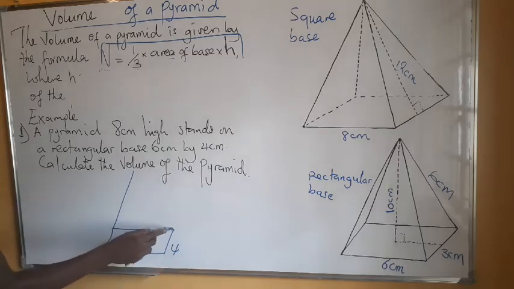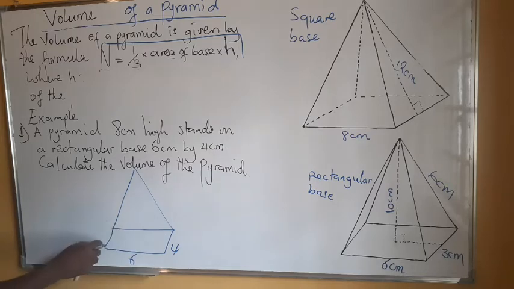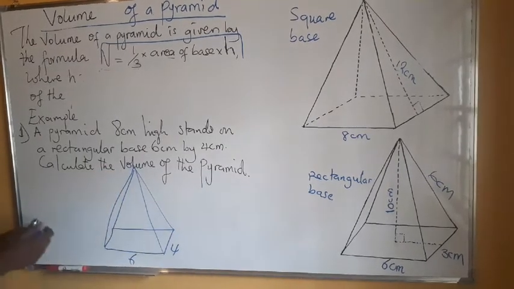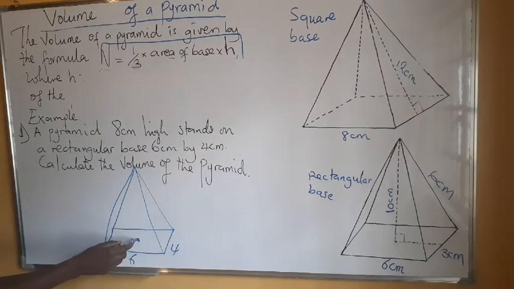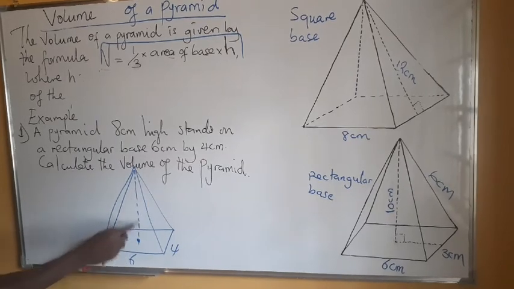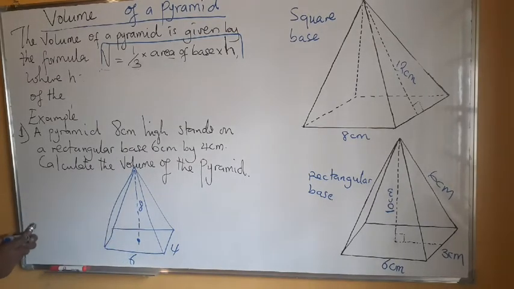So we have a pyramid here. And we are told that the distance from the center up to the top is 8 centimeters. Then calculate the volume of this pyramid.